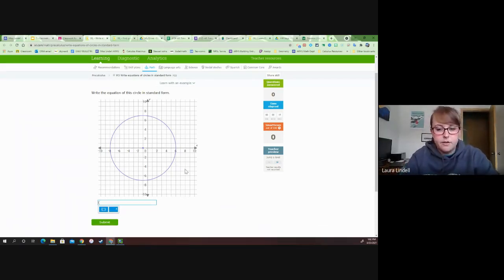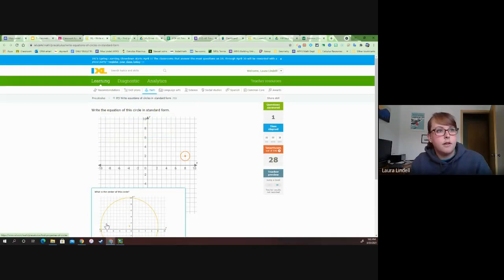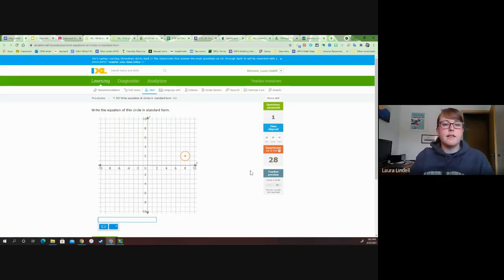So we would write x plus 1 squared plus y squared, or y minus 0 squared, equals, and then the radius of this thing is 7, so 49. And they're pretty much going to ask questions like that, I think, the entire way. Because just getting one correct already gets you to a SMART score of 28.